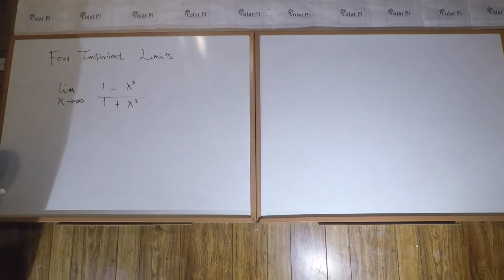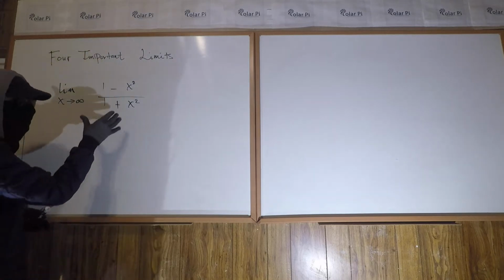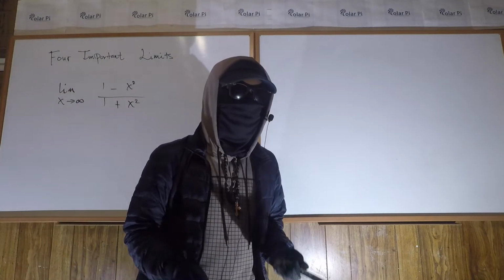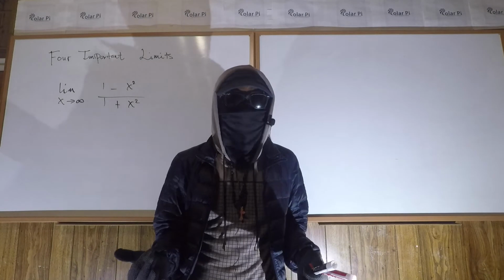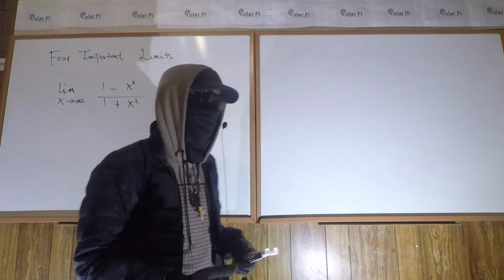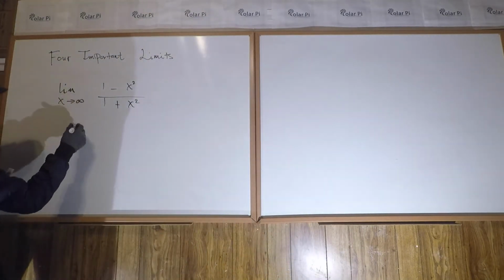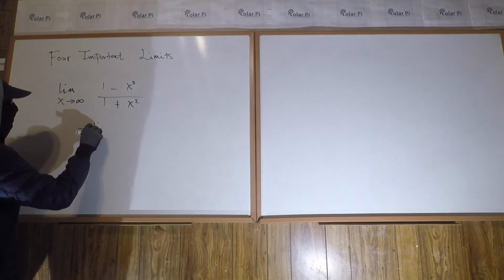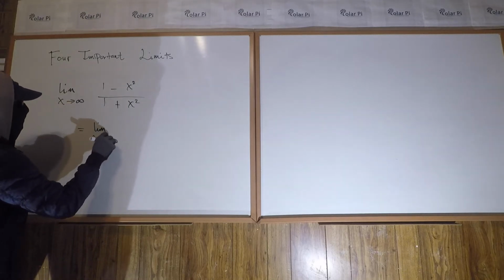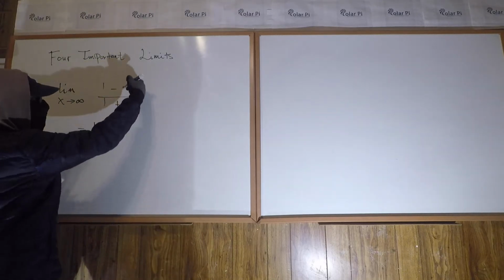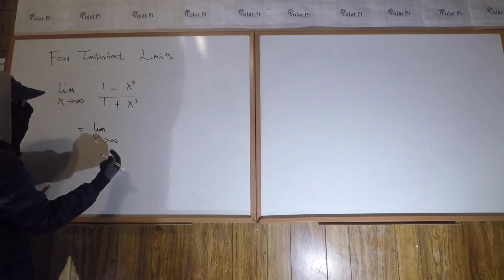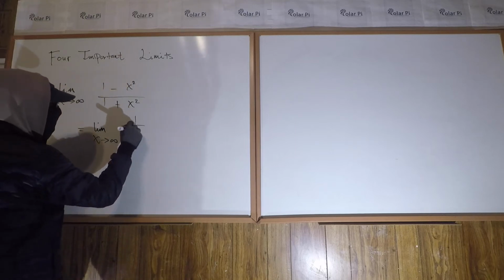Well, in practice, we look at the numerator, we look at the denominator, and then identify the dominant term, and we divide everything in the numerator and everything in the denominator by that dominant term. So if this was the question, we do the limit as x goes to infinity. The dominant term, both in the numerator and denominator, is x squared. So we divide everything by x squared.